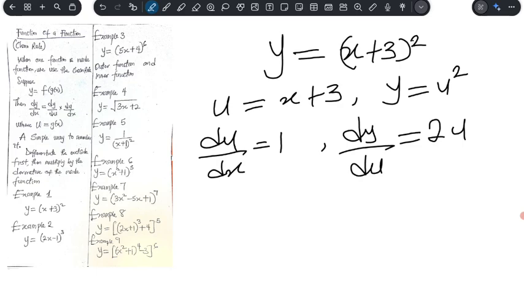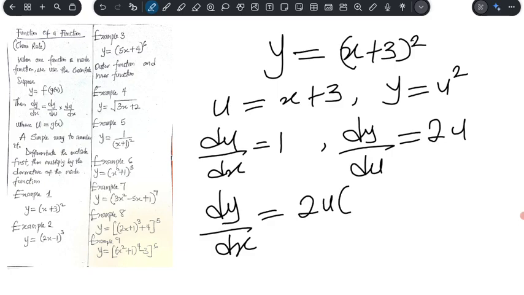There is a chain rule, and the formula for the chain rule, as we have written, you are able to see from the board on your left side, that dy/dx is equal to dy/du, which is 2u, times du/dx, which is 1, so that gives us 2u.